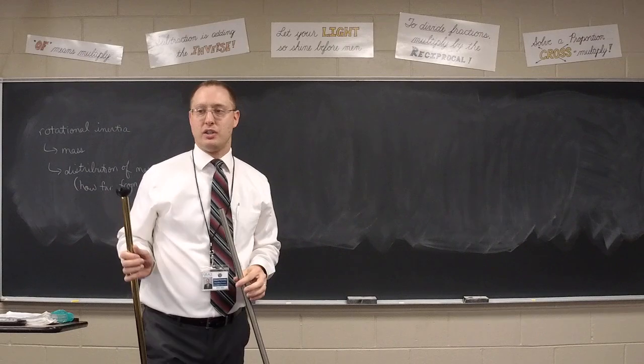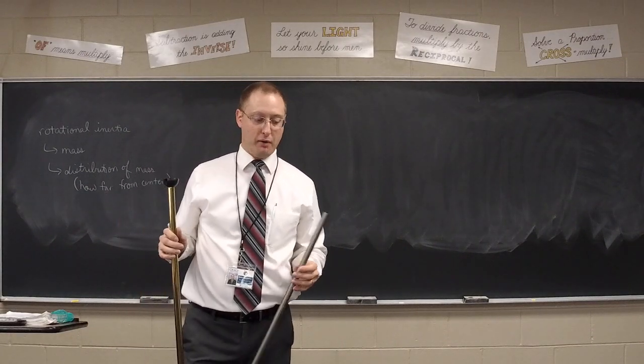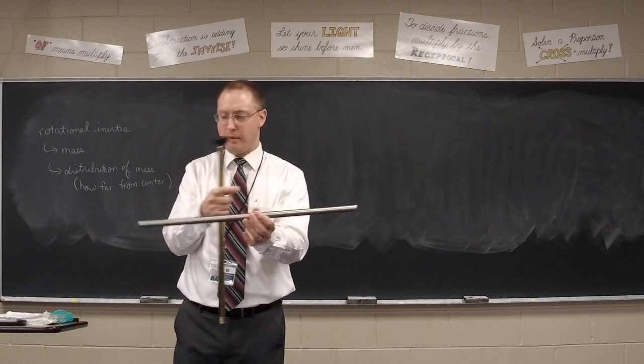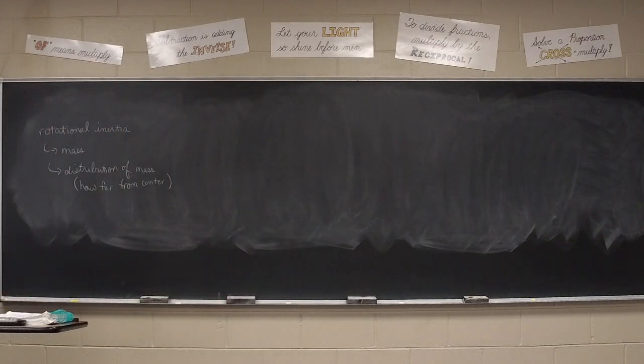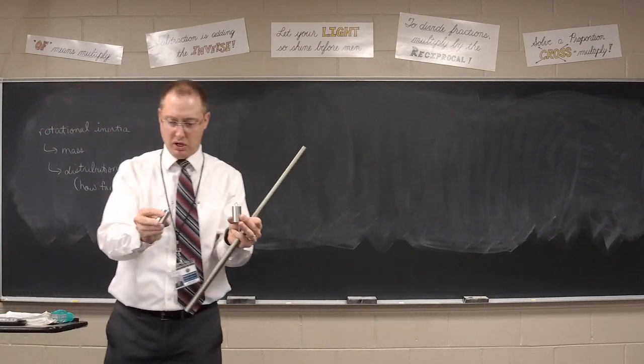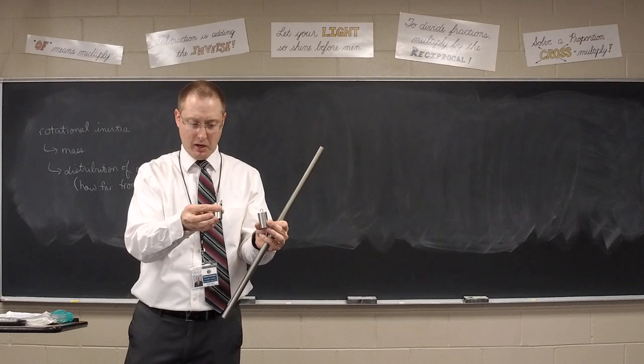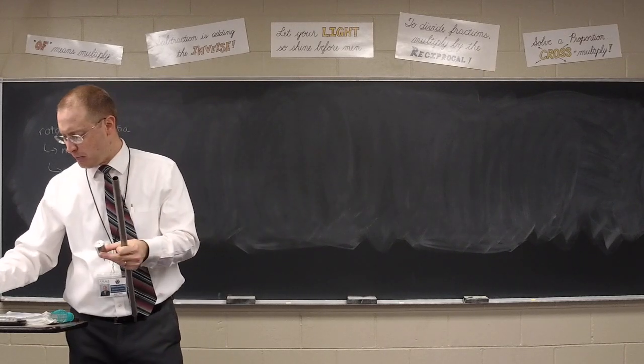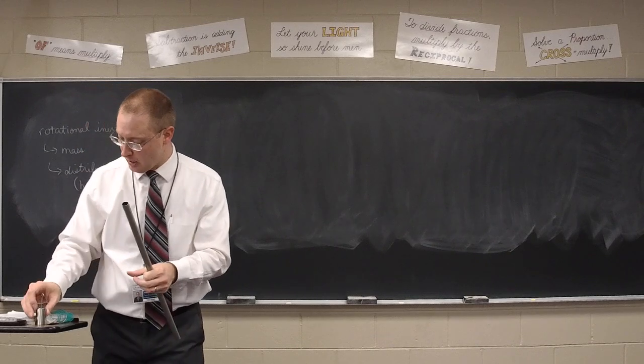Another thing that affects the rotational inertia is the distribution of the mass. Now, I said that this bar right now, its mass is distributed evenly, right? So I've got a couple of 200-gram weights. It's about a fifth of a kilogram, so a little less than half a pound.